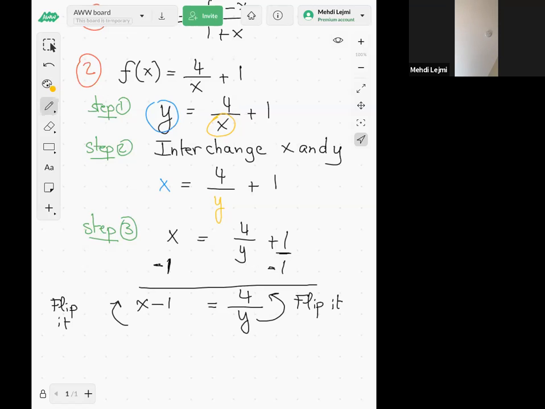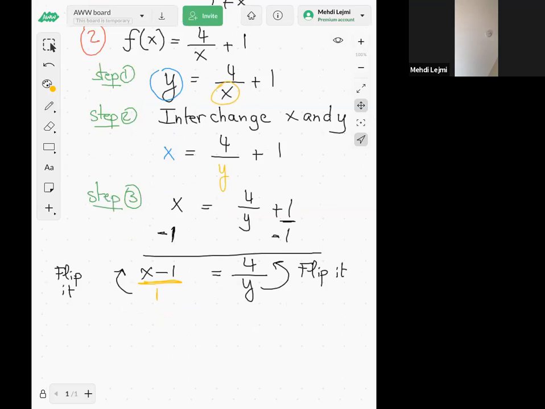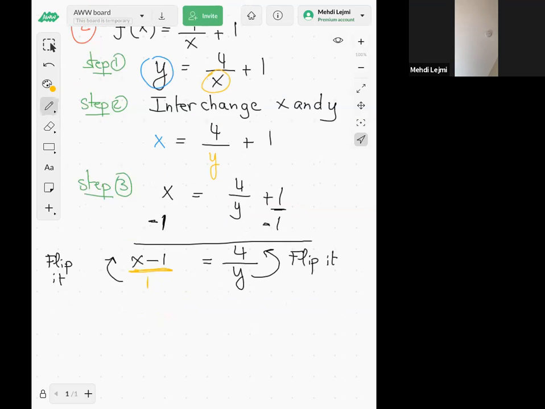If you divide the whole thing by 1, it's still the same thing. x minus 1 over 1 is still x minus 1. So now it looks like a fraction, and you can flip it. If you flip both sides, you're going to have 1 over x minus 1, and here y over 4.